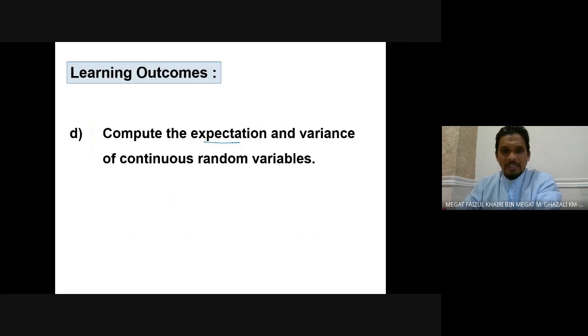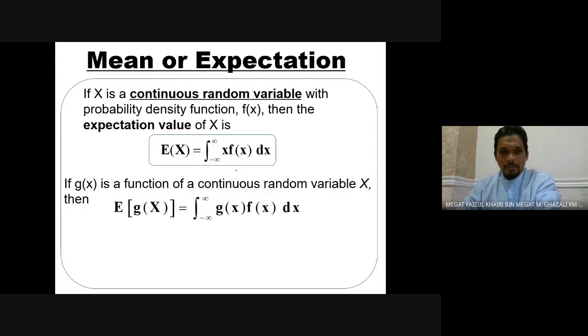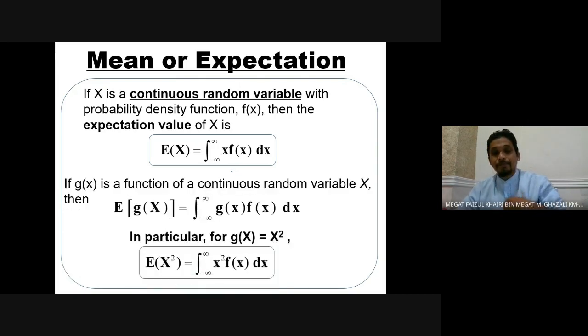So to compute the expectation and variance of continuous random variable, so class, last time in discrete, when we talk about expected value of x, then we're talking about the summation of x multiplied with its probability. You still remember that? Hello? Masih ingat ya? Kelas masih ingat ke?